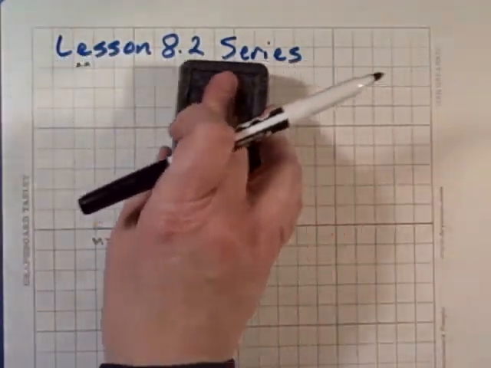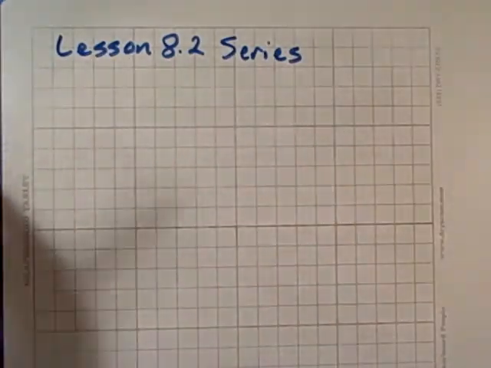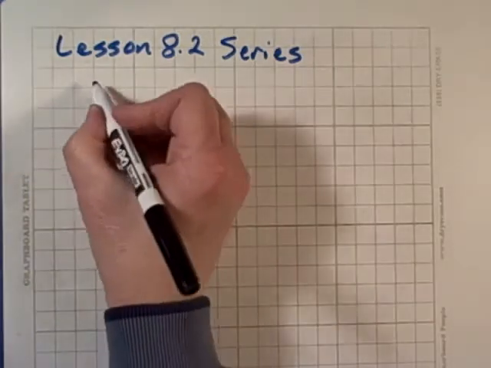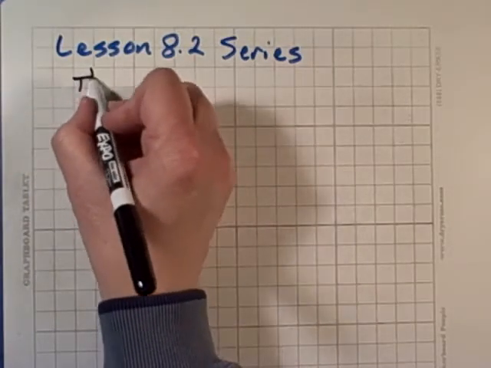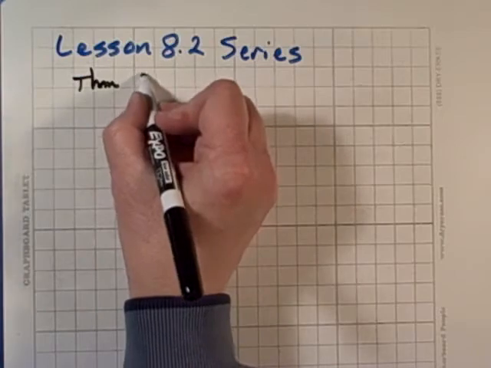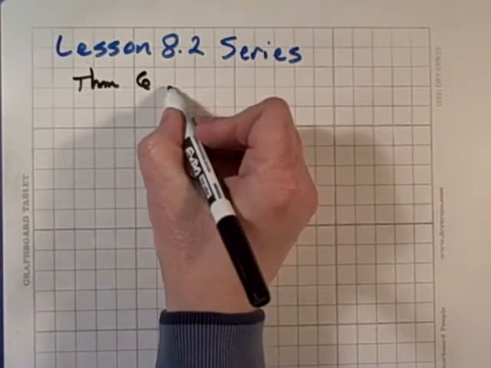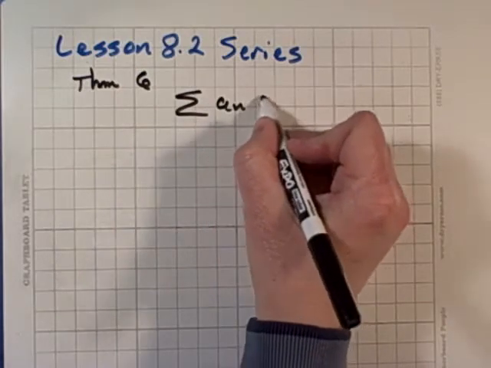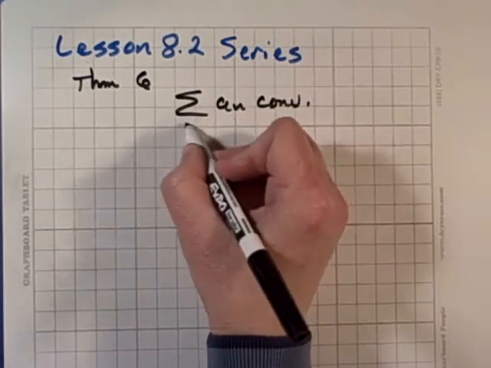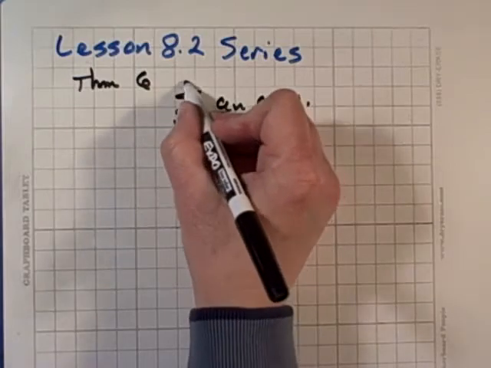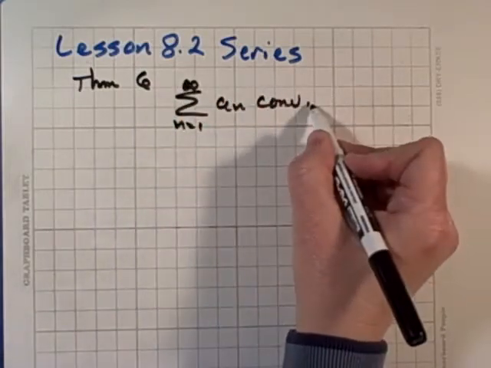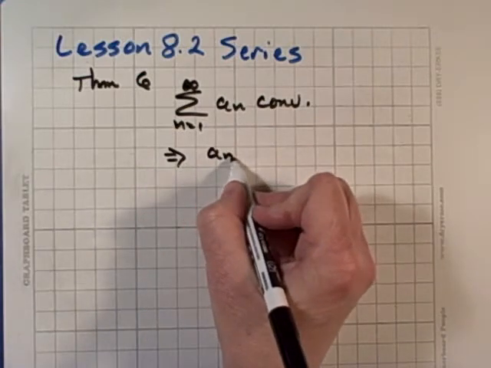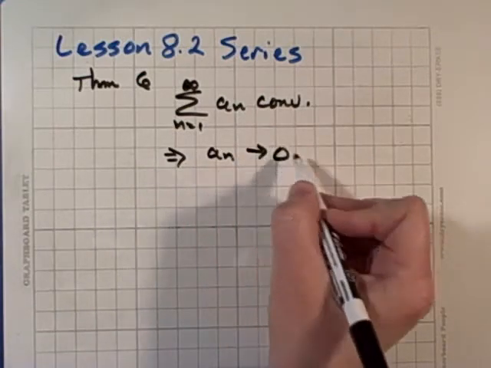A theorem that is particularly helpful is referred to as the test for divergence. It comes from Theorem 6, and Theorem 6 basically says that when a series converges, so if you have a series and it converges, we can find its sum. That tells us then that the terms, the pattern of the terms, must head towards 0.